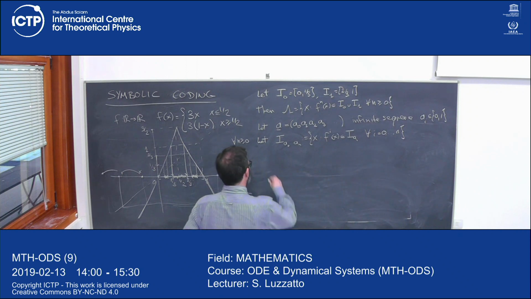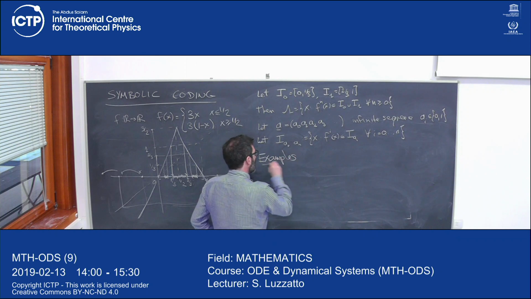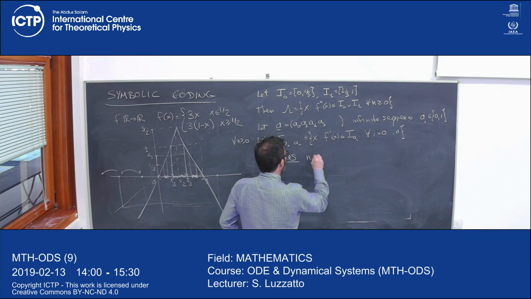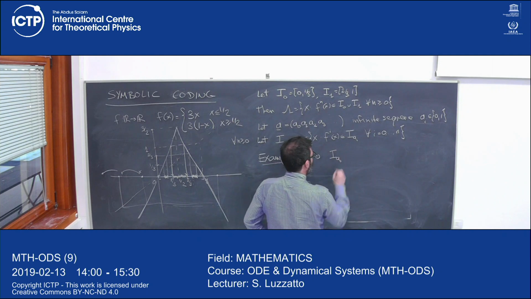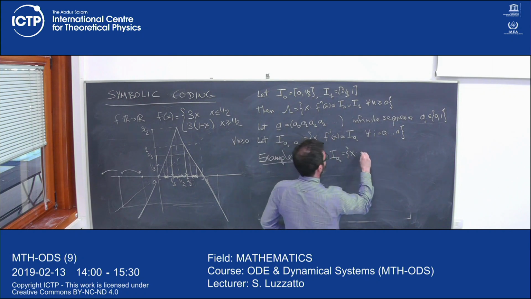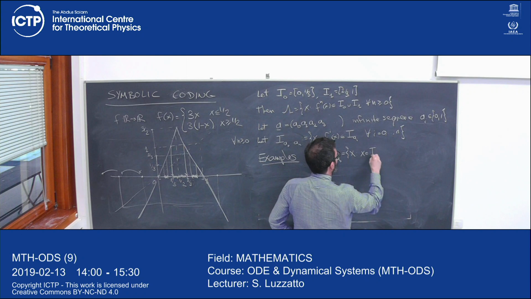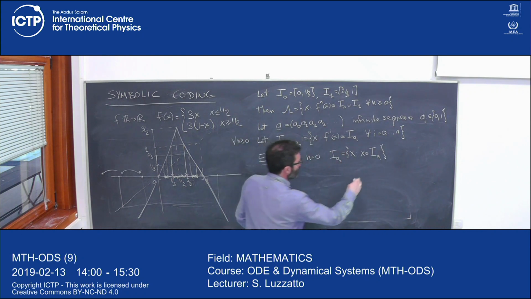Okay, this is the definition. So for n equals 0, we have I of a0 equal to the set of x such that, with i equals 0, x belongs to I_a0.